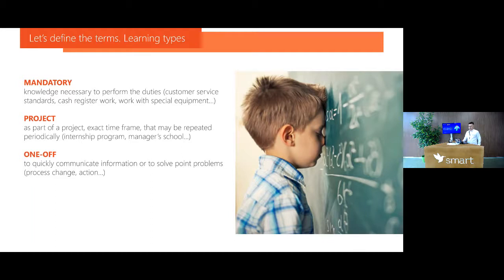One-off learning, or single learning, is when you have to quickly communicate with your employees, when you have to update something in a very strict format, in a very short time frame, and it is not about a common learning or common course. In general, it is about one learning module, one page even, with this information.